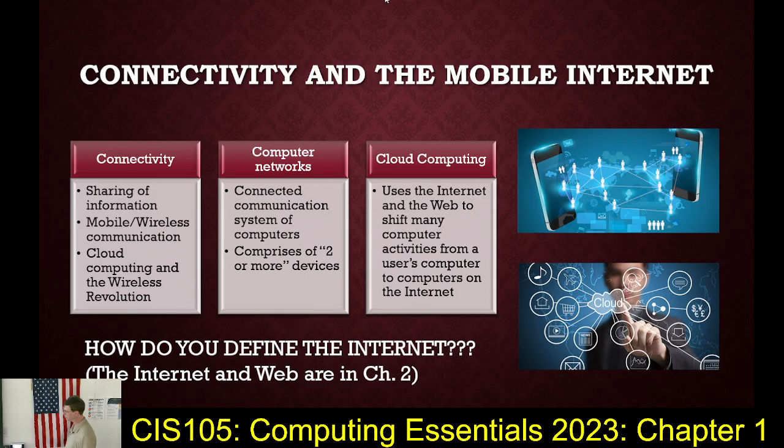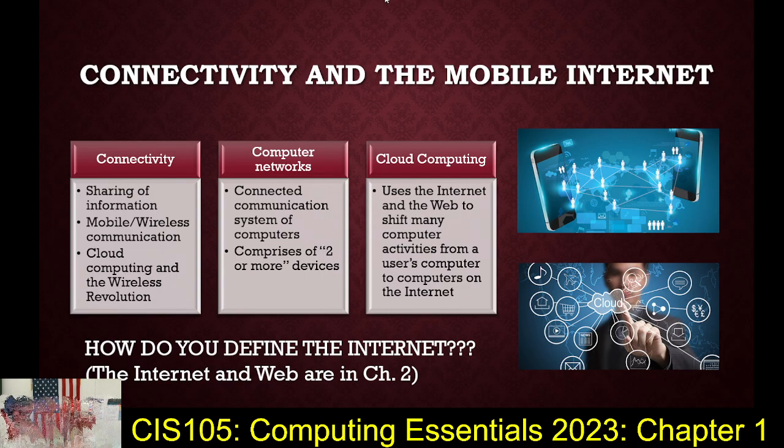Because yes, when I was single, I had this many computers. I had this many phones. I had this many computers, and I had a printer. And that was my network. It was on my network. So 2 or more devices. And keep in mind, if you and your friend are on the same computer network and you're going back and forth on your phones with the same wireless network, again, it's 2 devices.